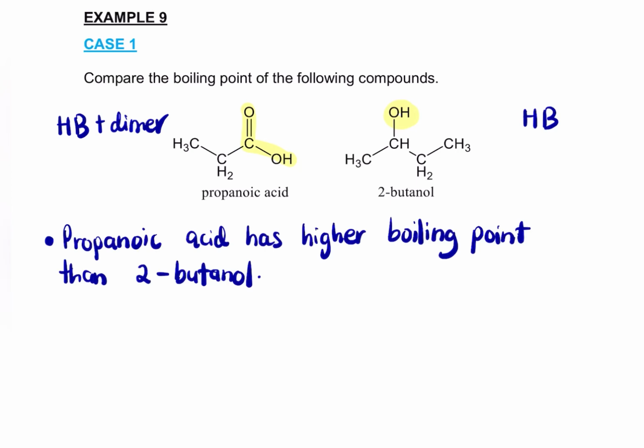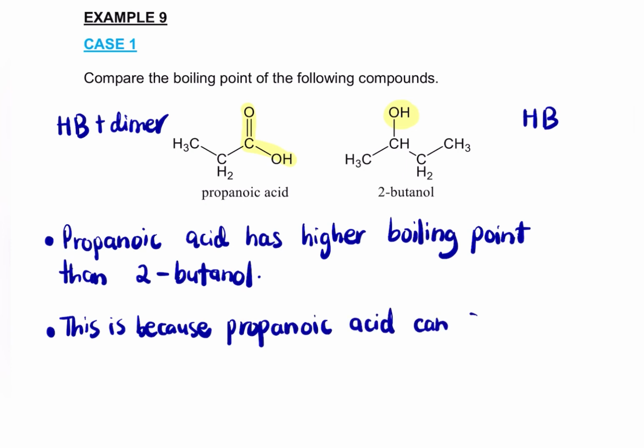And the second point, tell me the reason why you choose propanoic acid as having the highest boiling point. So you can write it down as due to stable hydrogen bonded dimer between molecules. So I'm going to write it down as: this is because propanoic acid can form, put the adjective stable, hydrogen bonded dimer.